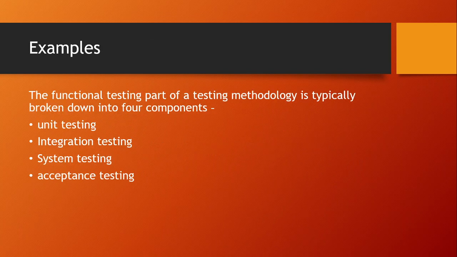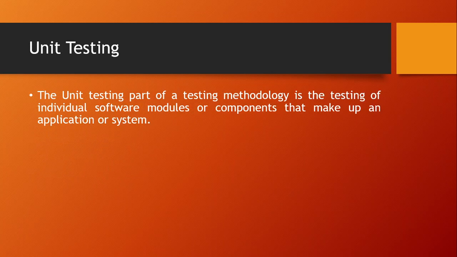The examples of functional testing are unit testing, integration testing, system testing, and acceptance testing. Let's start with unit testing. Unit testing, part of a testing methodology, is the testing of an individual software module or component that makes up an application or system. So unit testing is when you are testing each feature individually, feature by feature.